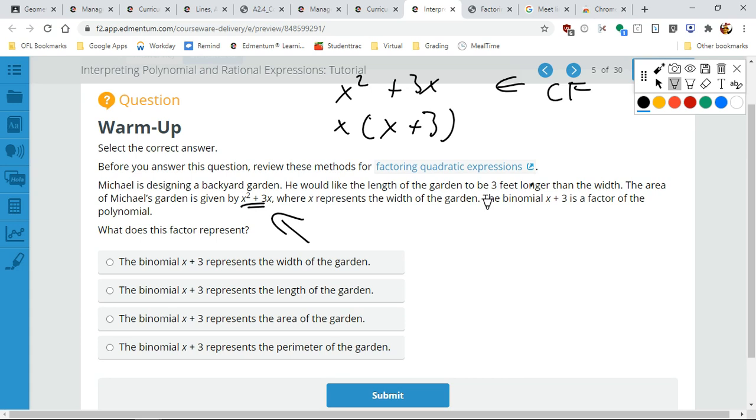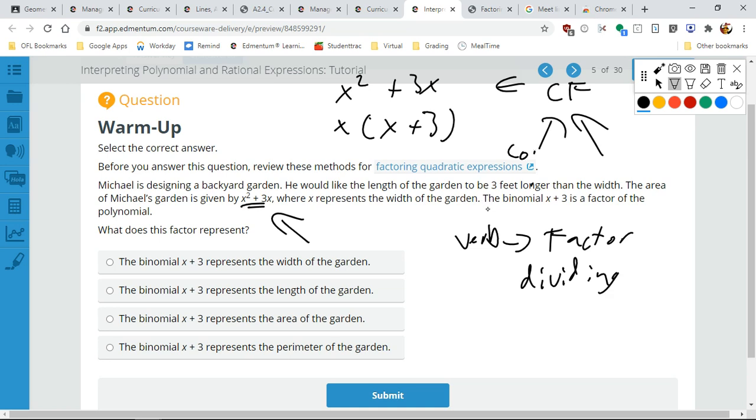I want to kind of get rid of that. What it means by common factor is what can we factor it by? If we're using factor as a verb, think of it as dividing by. What can we divide both of these by? The word common is this idea of the same. What is something that we can divide both of these by?